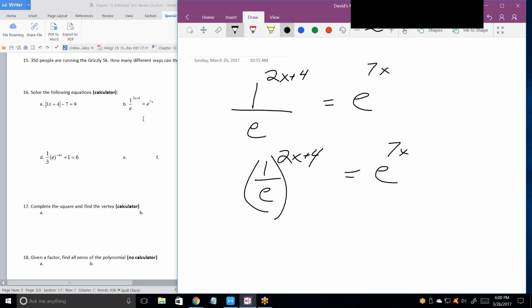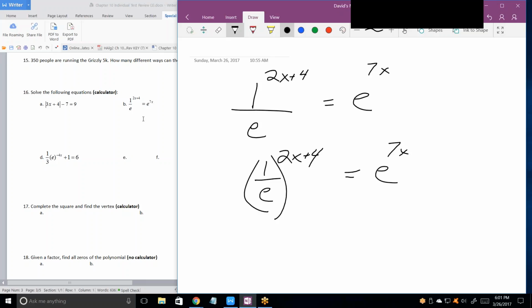Now notice the difference. In the top formula, the 2x plus 4 exponent really only applies to the 1. It does not apply to the e. And of course, 1 to any power is 1.